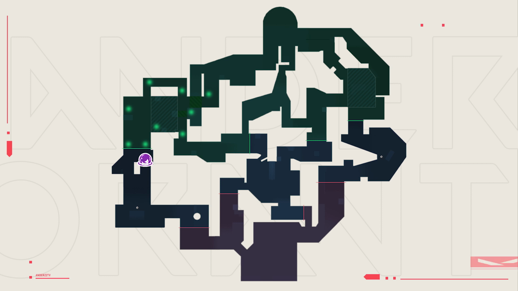This is also a really good place to pause and just explain that going forward throughout this video, one of the diagrammatic tools that I use is I will invert the coloration of certain abilities when they are optional or being used in an alternative function. So if we looked at the full smoke for Astra here, it is bordered in the color of the agent and filled with white.